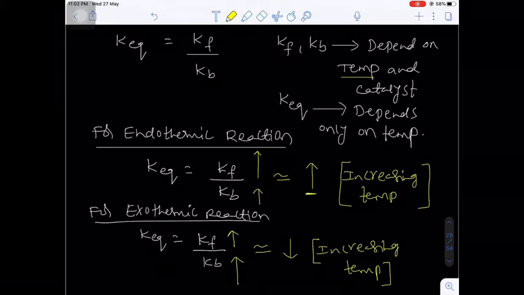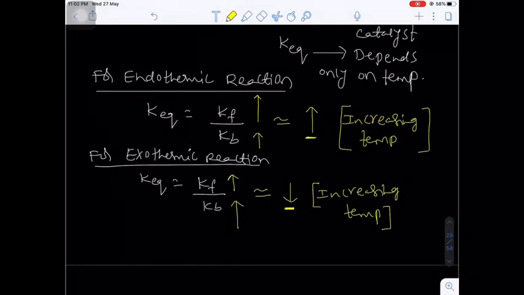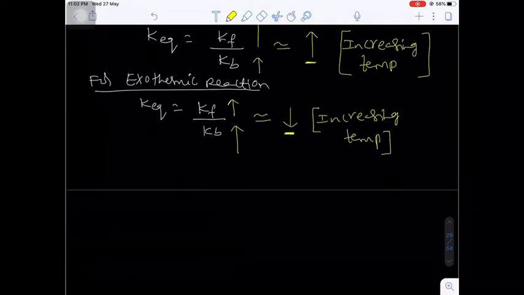That's why the resultant K equilibrium will increase. Whereas in exothermic, the Kf increment compared to the Kb increment will be less. That means the Kb increment will be more, so overall the value decreases. Are you getting my point? Now this is very important.